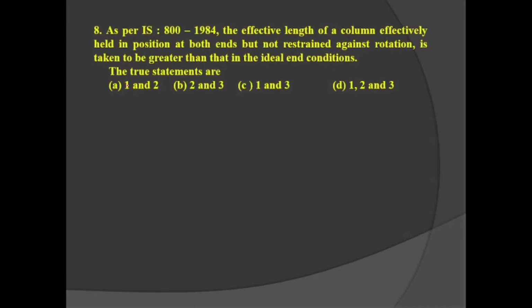Now next question. As per IS 800, the effective length of a column effectively held in position at both ends but not restrained against rotation, meaning rotation is permissible. If rotation is permissible, both ends are hinged in general. So the effective length in the general case is to be taken greater than the ideal condition.